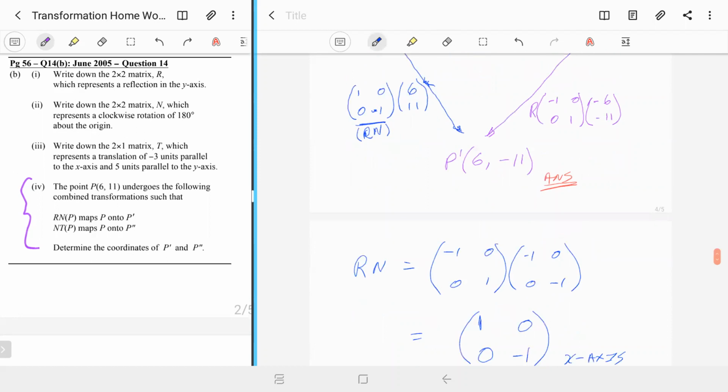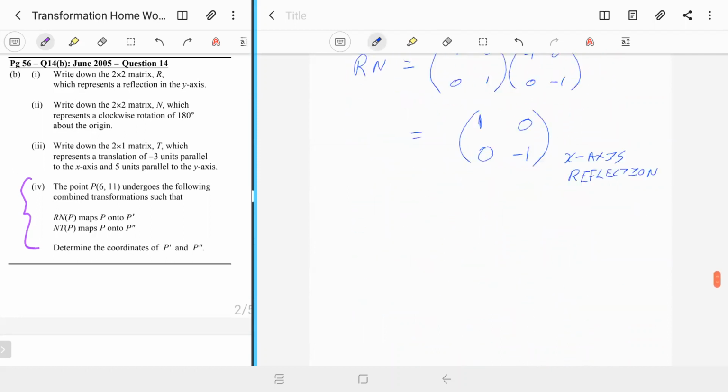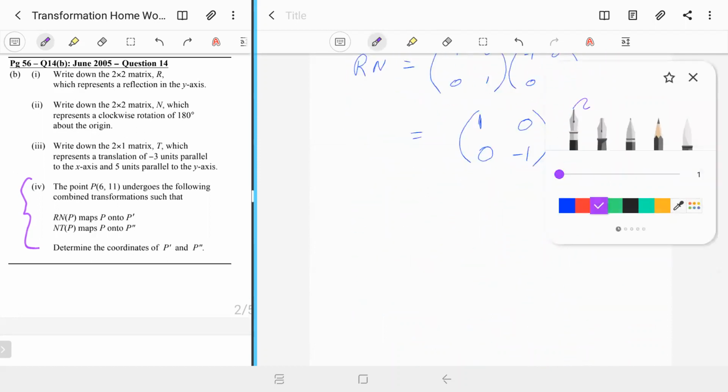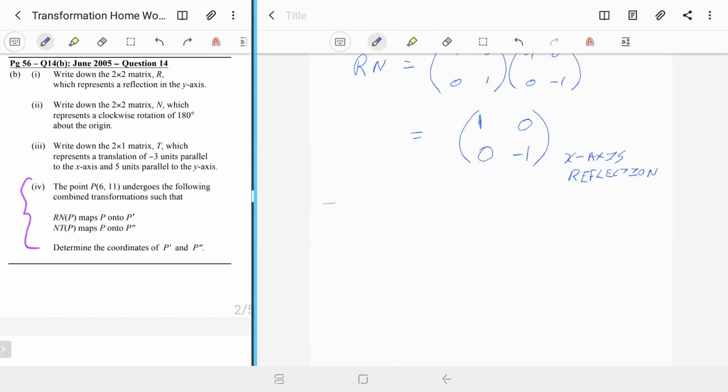All right, let's go to the other one now. Go back to the purple. The one I'm going to do down here, the second one, NT on P. Talk to me now. What does this one mean? T followed by N. Beautiful.